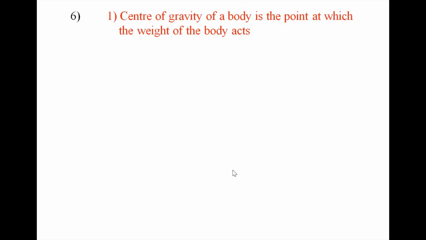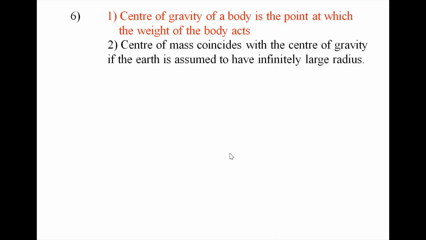Number 1: the center of gravity of a body is the point at which the weight of the body acts. Number 2: center of mass coincides with the center of gravity if the earth is assumed to have infinitely large radius.